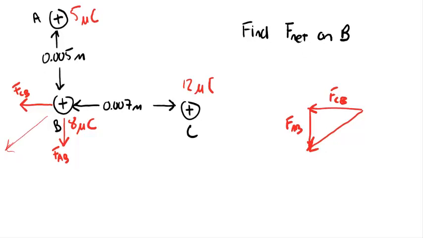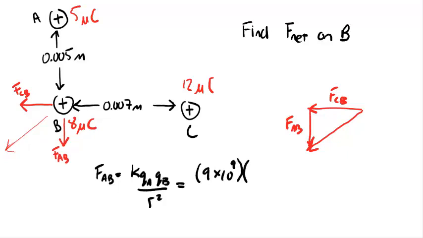What is the force of A on B? So force of A on B will be k Q_A Q_B over r squared equals... remember microcoulomb is times 10 to the negative 6.